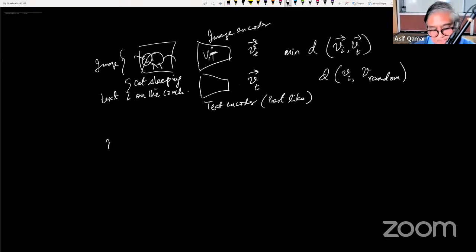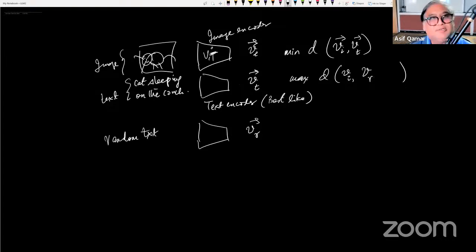You can take gibberish, some random text, and you want to make sure that this distance is maximized. That is your classic contrastive learning, isn't it? A contrastive loss function.